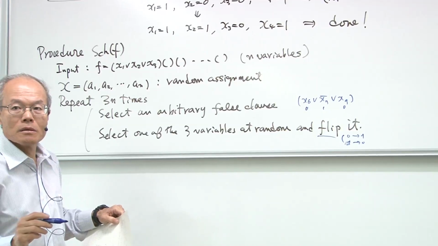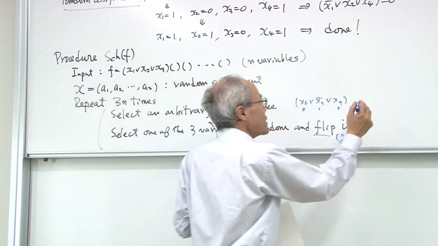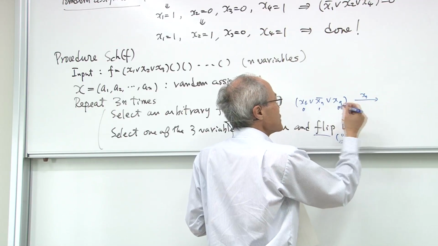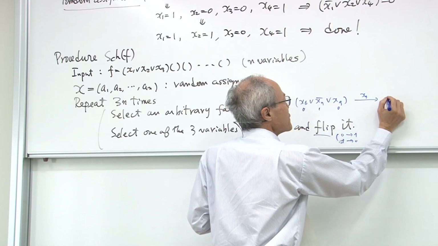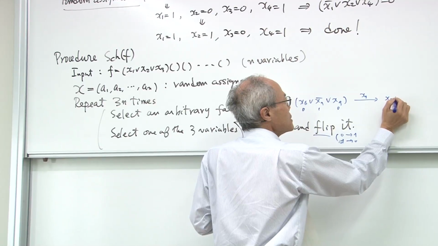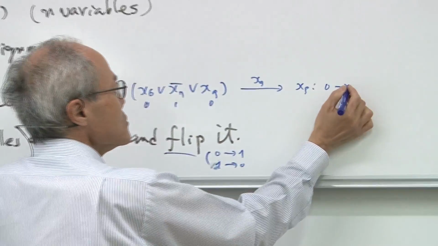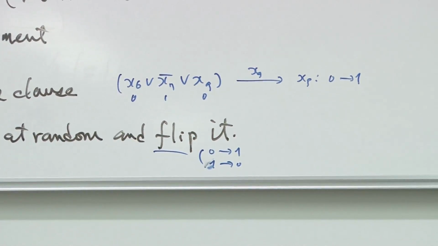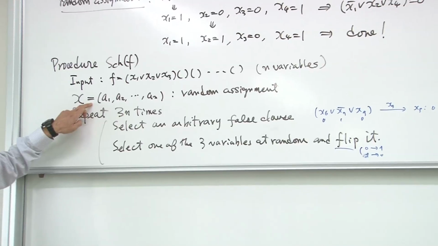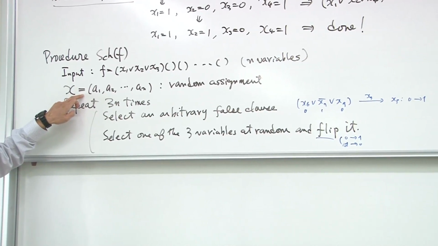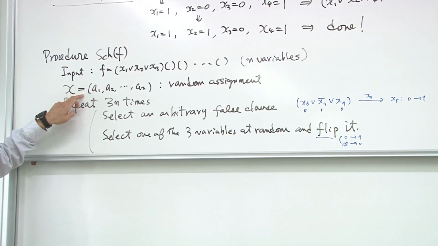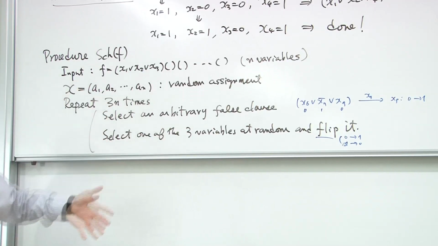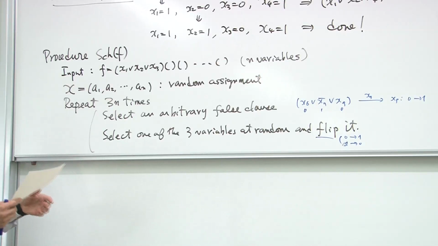Say we select x9 and flip it, so the value of x9 goes from 0 to 1. So now your current assignment changes by 1 bit. Just repeat 3n times.